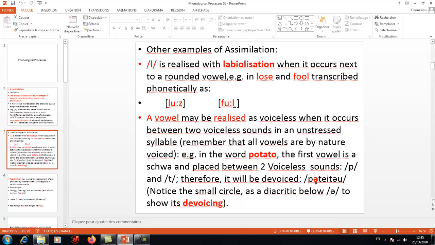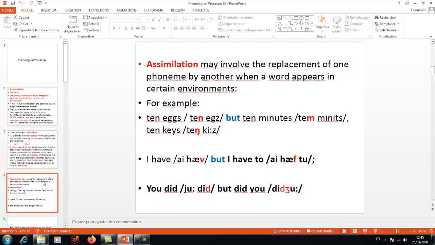So notice this schwa, and the small circle below it, it shows that it is devoiced. Normally, its nature is that it is voiced. But in this particular context, since it is surrounded by p and t, which are voiceless, it will be devoiced. So notice the small circle as a diacritic below schwa to show its devoicing.